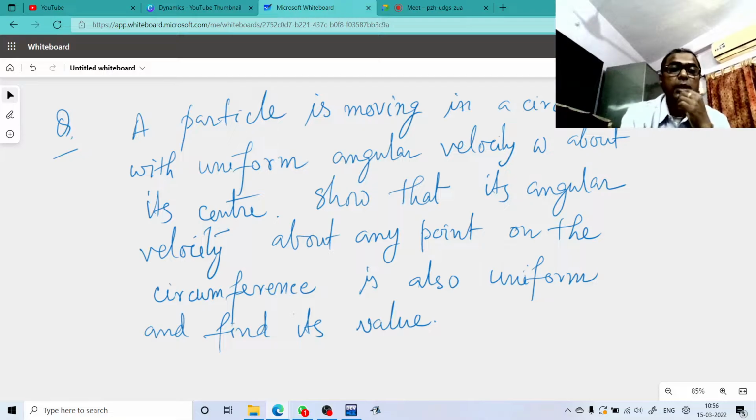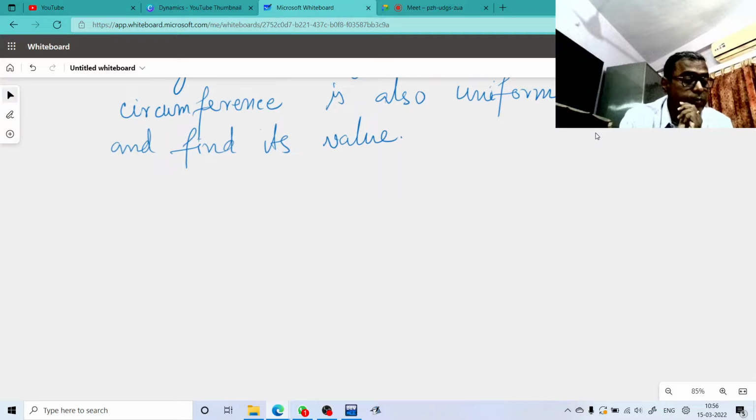Particle is moving in a circle with uniform angular velocity omega. So uniform angular velocity means constant angular velocity, that is d theta dt equals omega about its center, so that its angular velocity about any point on the circumference is also constant, and find its value. So here first we draw a circle.